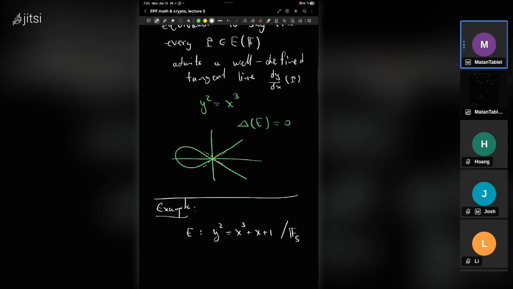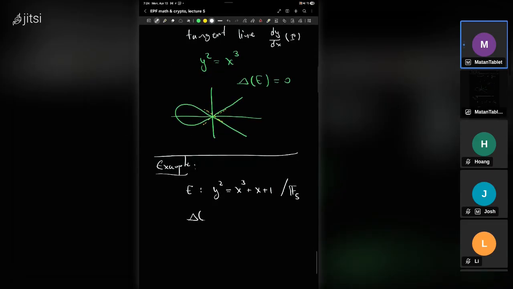I mean, in practice, people work over very, very large prime fields, but we cannot do calculation like this. So we take a toy example. The discriminant, just to verify that this indeed has a tangent line at every point, what is called a smooth curve, is 4 plus 27 modulo 5, which is different than 0.